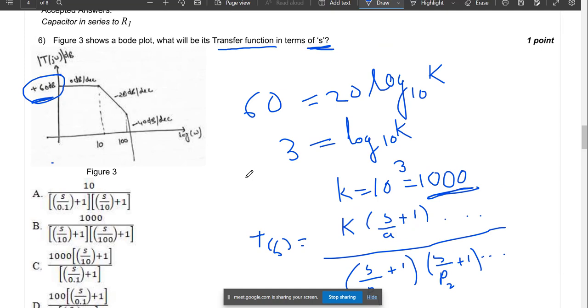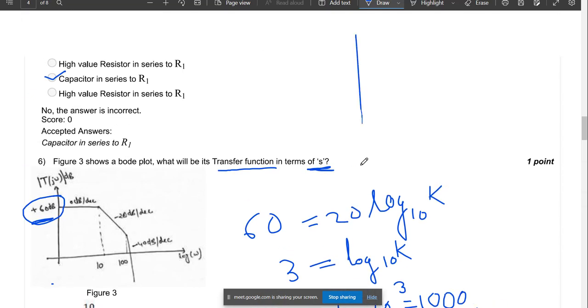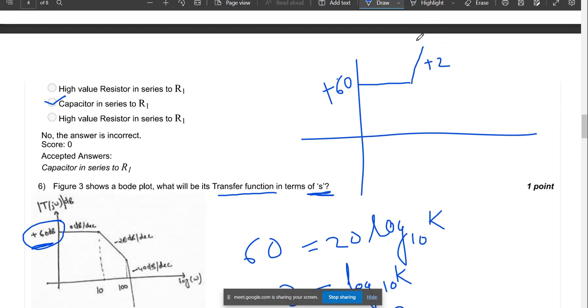Another thing is, whenever a zero is added into the transfer function, the Bode plot will go something like this. Let's say it's running constant at 60 dB. Whenever a zero is added, the slope will change and it will start increasing.